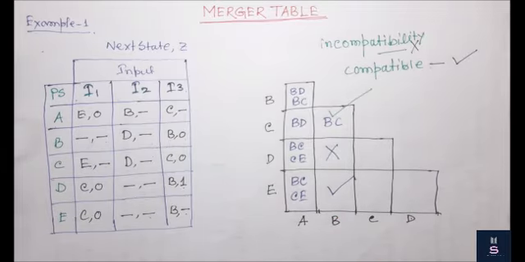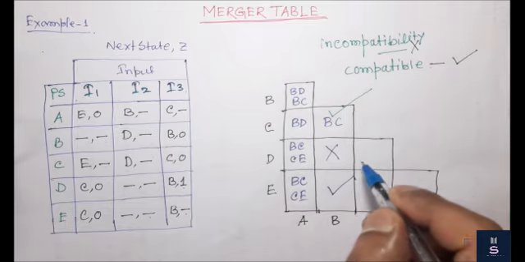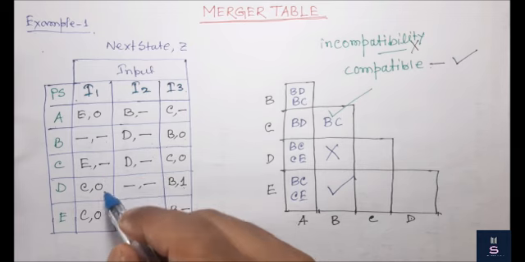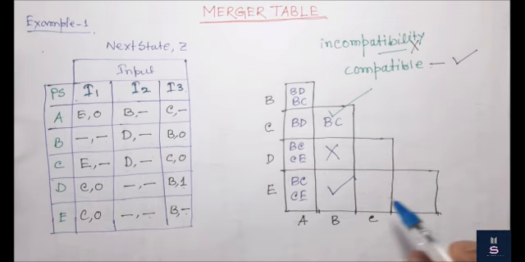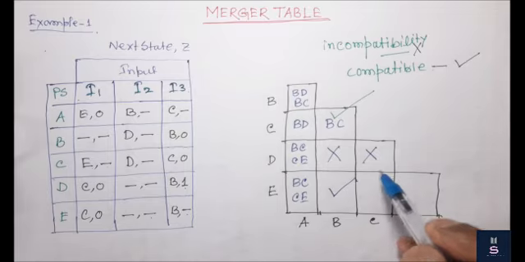Now this cell represents CD. Compare CD, output is don't care 0, don't care 0 1. So there is a conflict, and this cell will be occupied by a cross symbol.